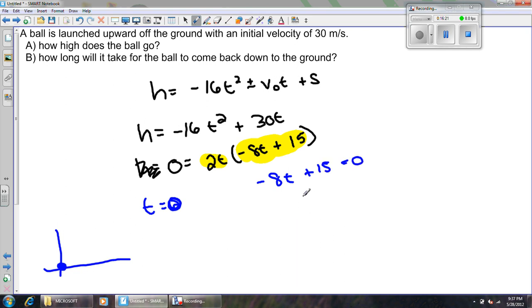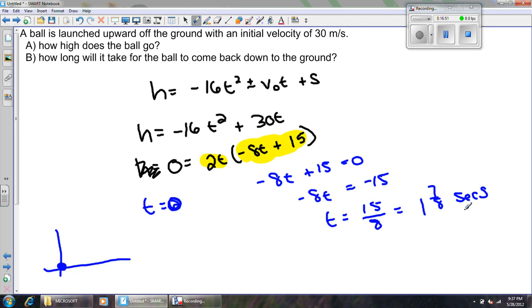Then negative 8t equals negative 15, and t is going to equal 15 over 8, which won't simplify. I can turn it into a mixed number to get a better feel for it. It's just shy of 2. It's going to be 1 7/8 seconds. I could use the quadratic formula, but factoring was an easier way to go on this one. So it's going to hit the ground again in 1 7/8 seconds, just shy of 2 seconds.